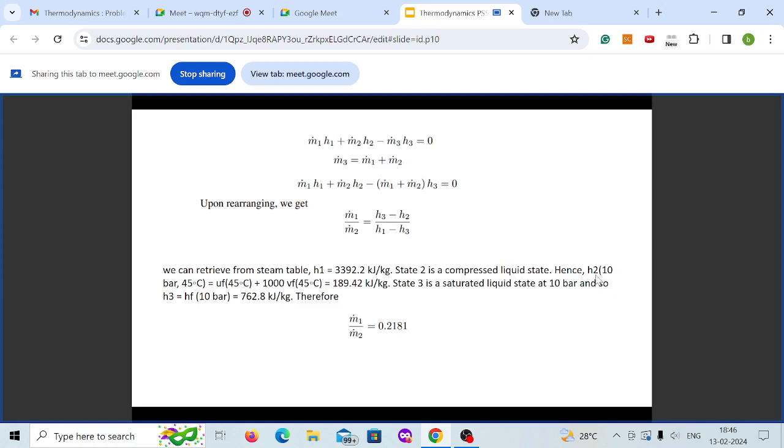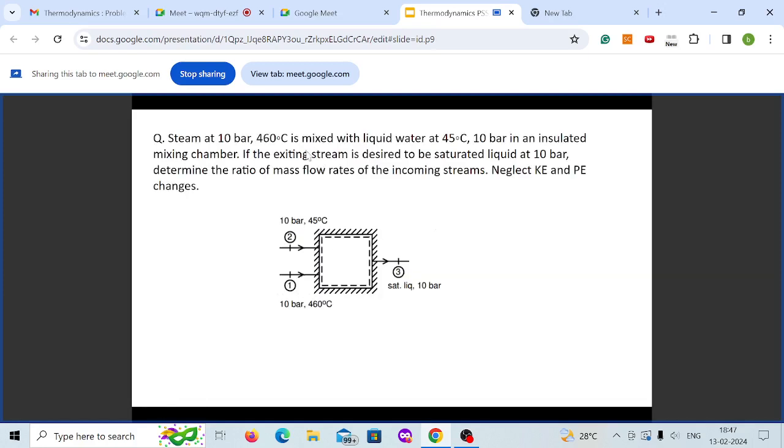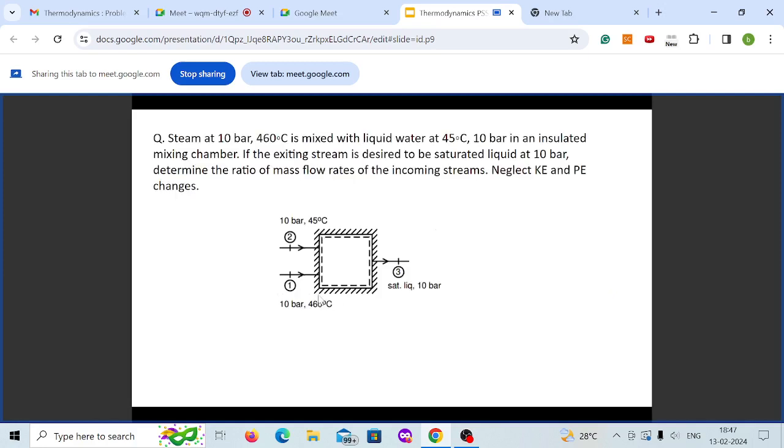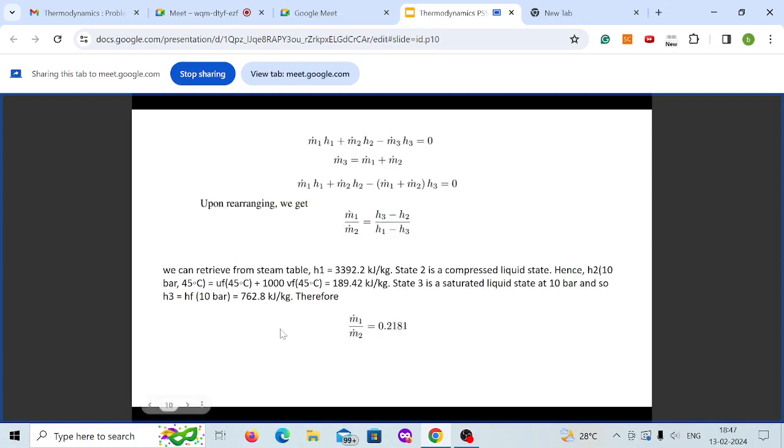So we can find H2 at 10 bar and 45 degrees Celsius using internal energy plus P into V. H is U plus PV, right? So you can find the internal energy at 45 degrees Celsius plus the pressure, 10 bar, into Vf at 45 degrees Celsius. Here we have written 1000 because we are converting into kilopascals.